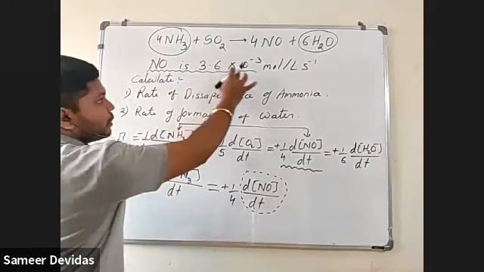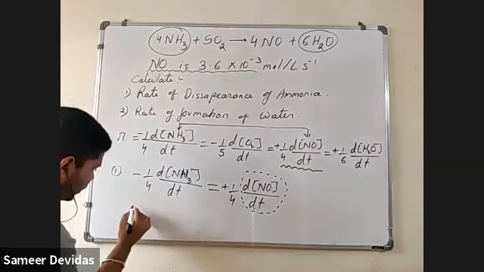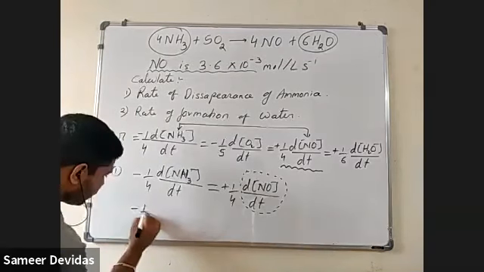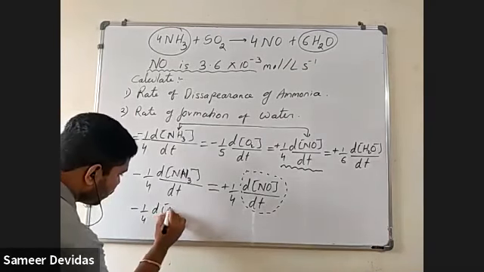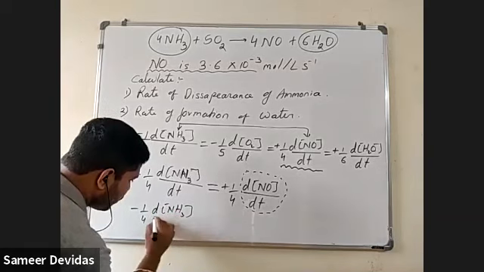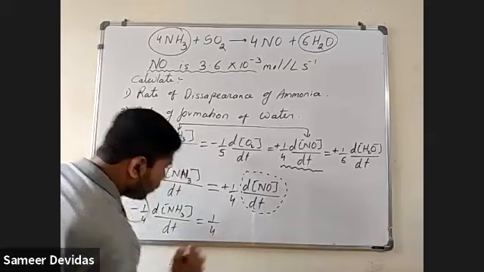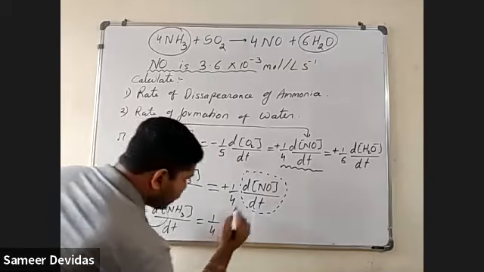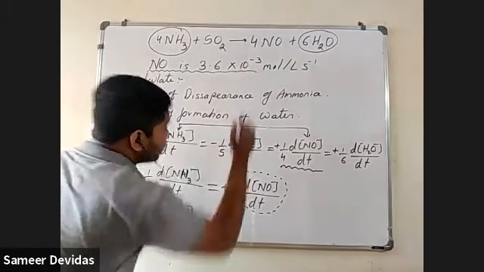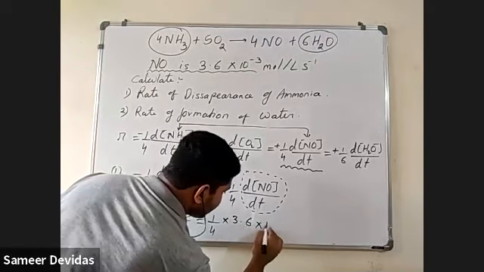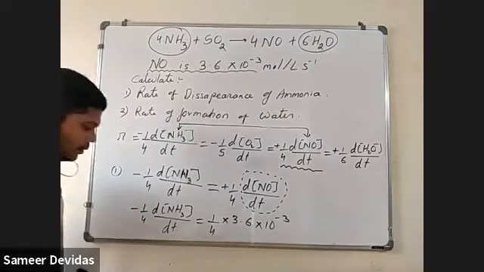What is that? 3.6 into 10 raised to minus 3. So minus 1 upon 4 d[NH3] upon dt is equal to 1 upon 4 into, what is that value? 3.6 into 10 raised to minus 3.